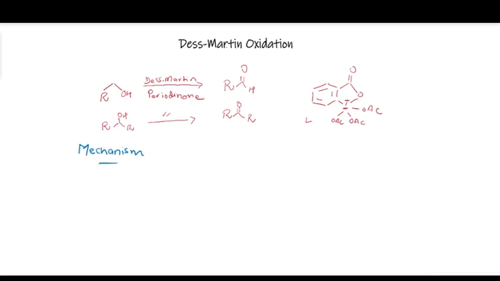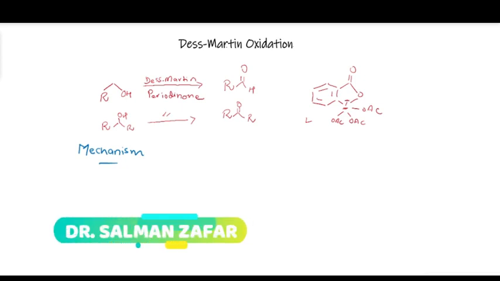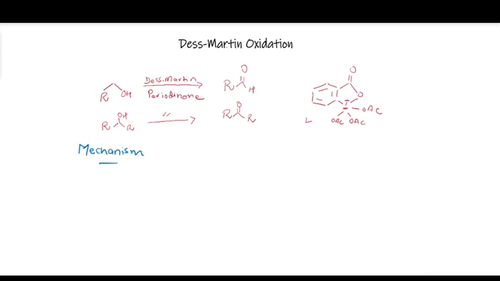Right, so Dess-Martin oxidation oxidizes primary alcohols to aldehydes and secondary alcohols to ketones in the presence of Dess-Martin periodinane reagent. This is a very mild oxidation reaction which is carried out at room temperature, usually in chloroform or dichloromethane.